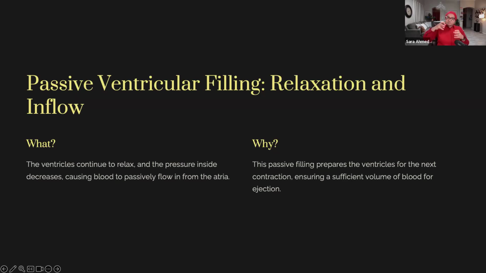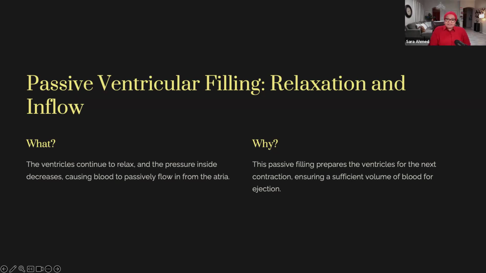And at the end of this passive filling comes an active process of the atria contracting to squeeze the last drop of blood into the ventricles to complete the process of ventricular filling. The blood flowing from the atria to the ventricles happens along the pressure differential. The pressure in the atria is higher at this level than in the ventricles.